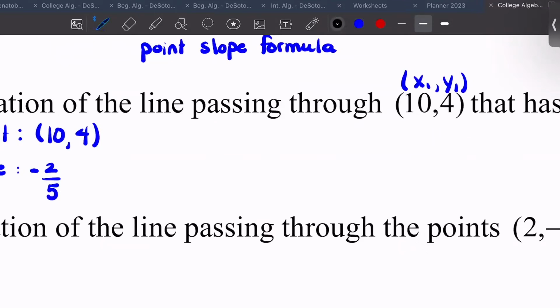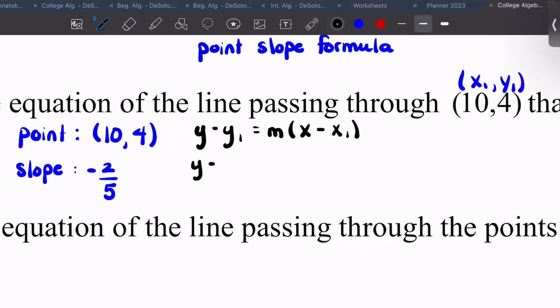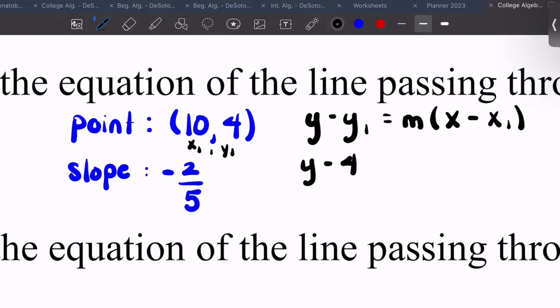So now you're going to plug that into y minus y1 equals m times x minus x1. Okay. So you have y minus y1, so we have x1, y1, which is 4, equals your m is going to be your slope.